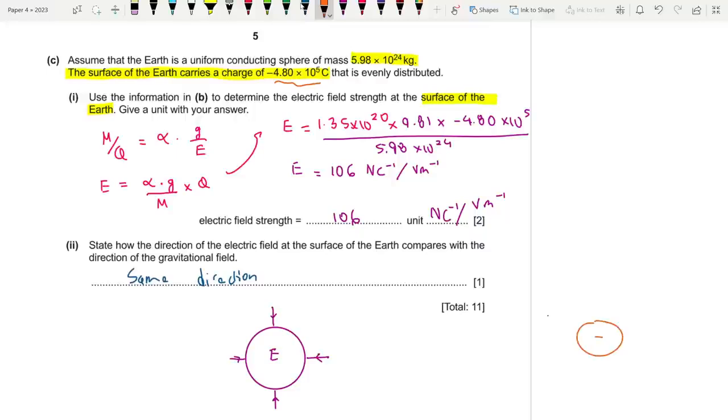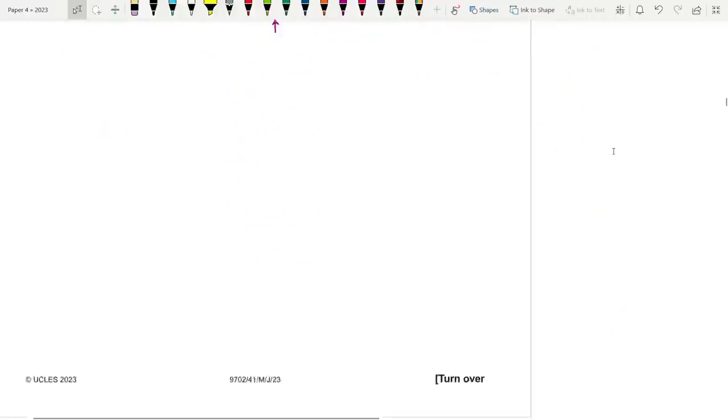So any negative charge has electric field lines pointing inwards. So since it has negative charge, the electric field lines are also pointing inwards. So what is the direction of the electric field line and gravitational field line? They're in the same direction, that is inwards. That's why you have to say they have the same direction. Okay. If it was a positive charge, it would be opposite.